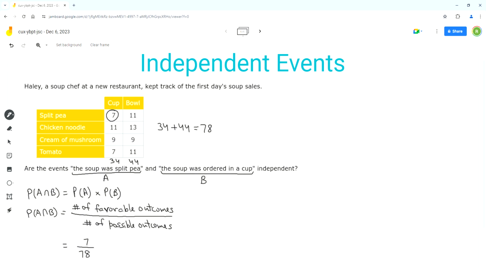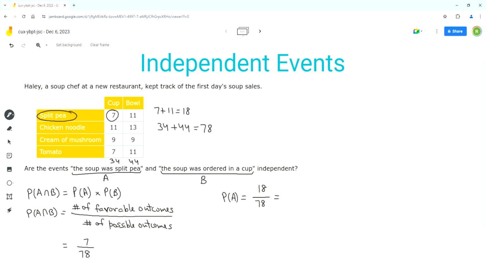Now we can find the probability for event A. The soup was split pea, so we'll use the same formula. In the denominator, the number of possible outcomes is 78, and the number of favorable outcomes will be the number of units of split pea soup sold, and that will be the sum of the numbers in the first row. I get 18.